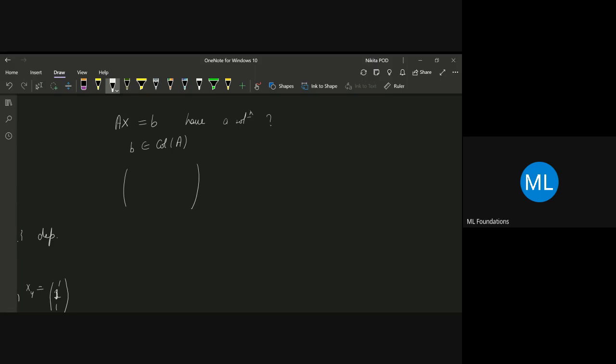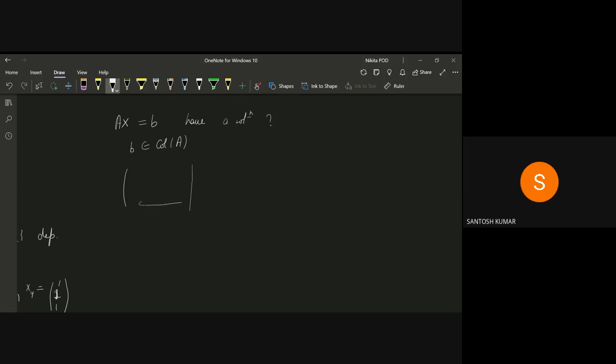So in the row reduced echelon form, if all the elements of the last row are equal to 0, then it has a solution.